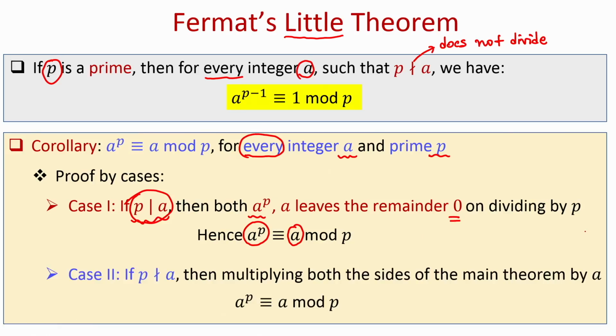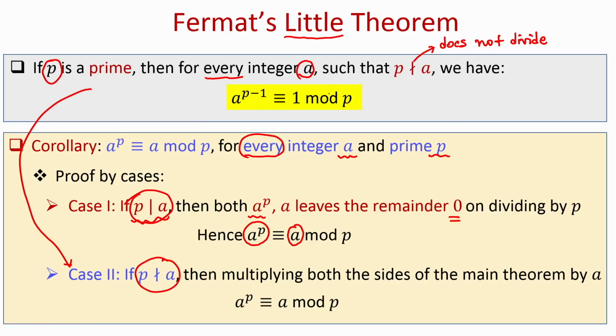Whereas, if p does not divide a, then we can apply Fermat's little theorem. If p does not divide a, then the premise of Fermat's little theorem is satisfied.